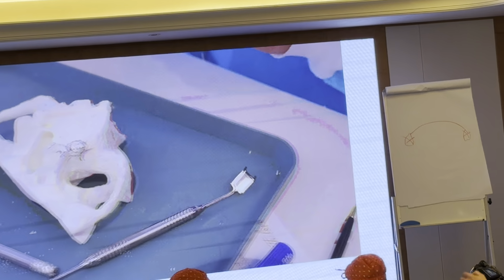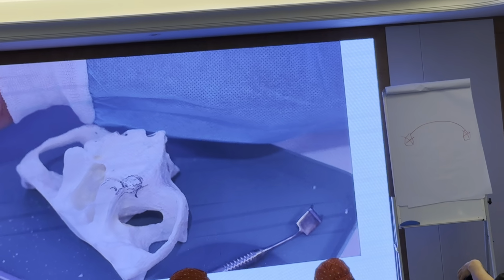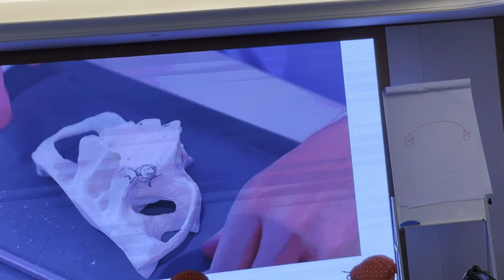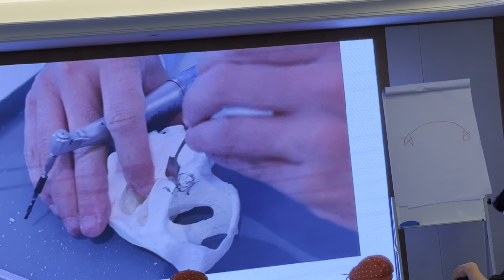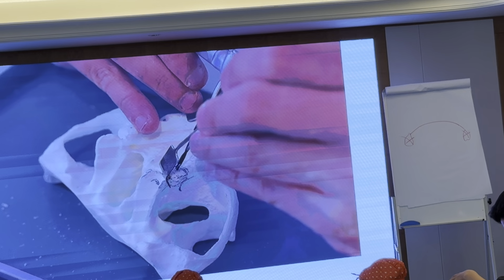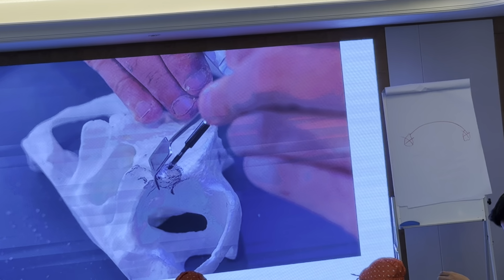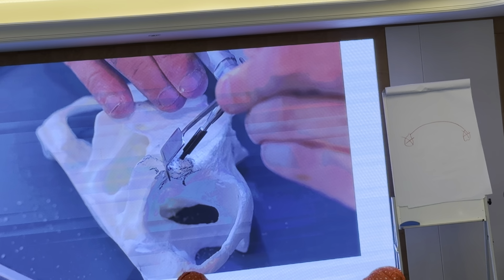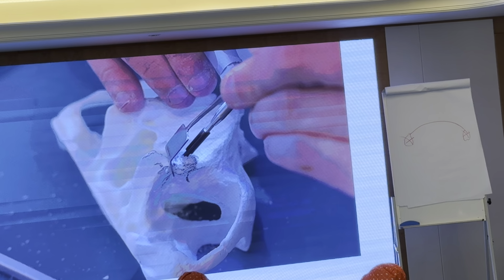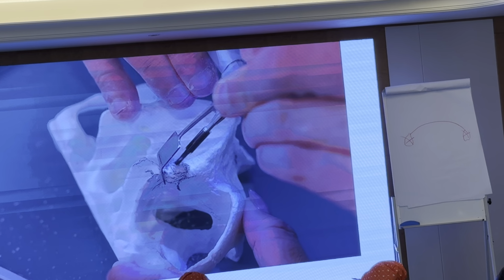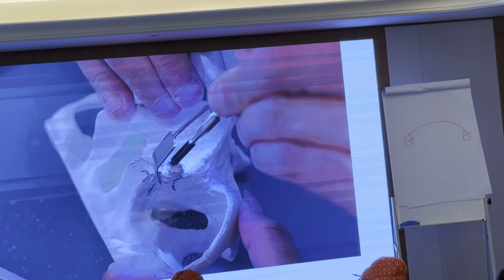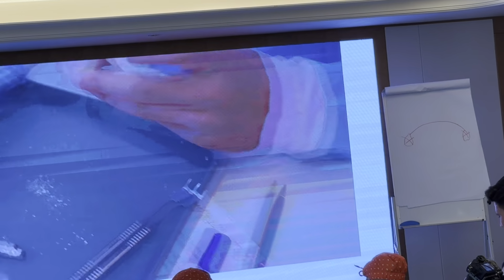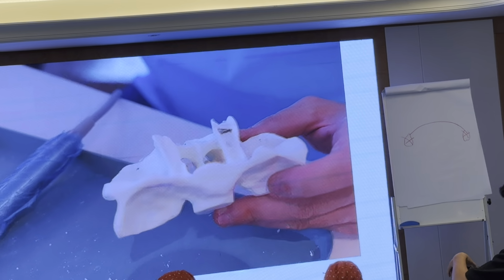Sorry. First mistake. Then we put the pterygoid retractor and we go. Okay, 2.4 bur, and I'm inside the pterygoid fossa. Okay? You see where I am following the retractor?